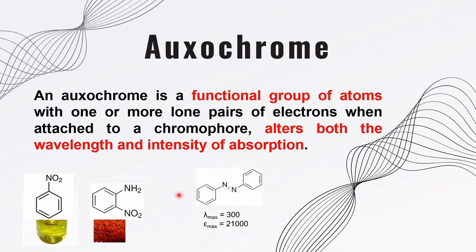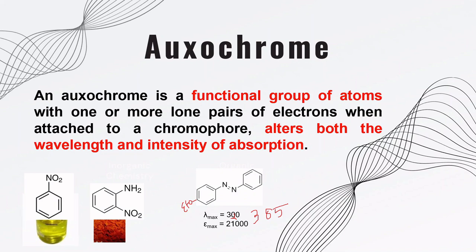Similarly, azobenzene shows lambda max at 320 and the corresponding epsilon max value is 21,000. Whereas if you have an ethoxy group at the para position, that is para-ethoxyazobenzene, it shows lambda max at 385, so it is shifted to longer wavelength. The corresponding epsilon max value is 42,000. So intensity is also increased.